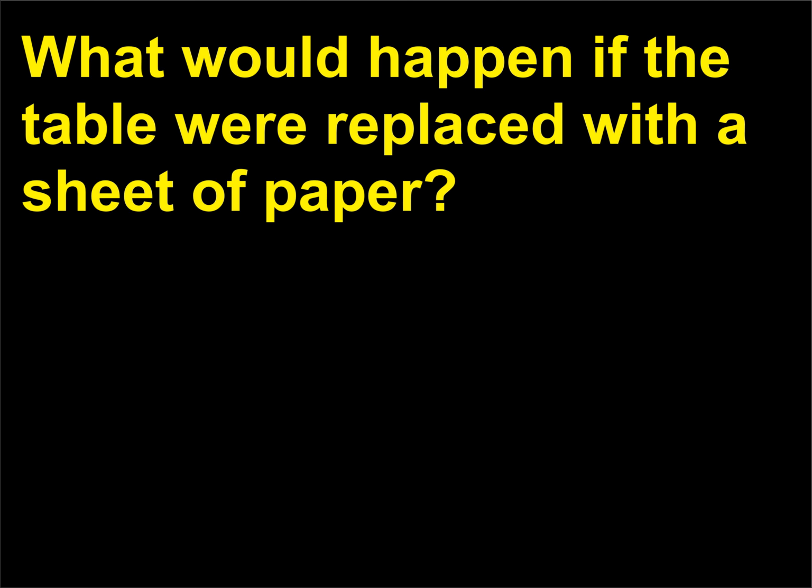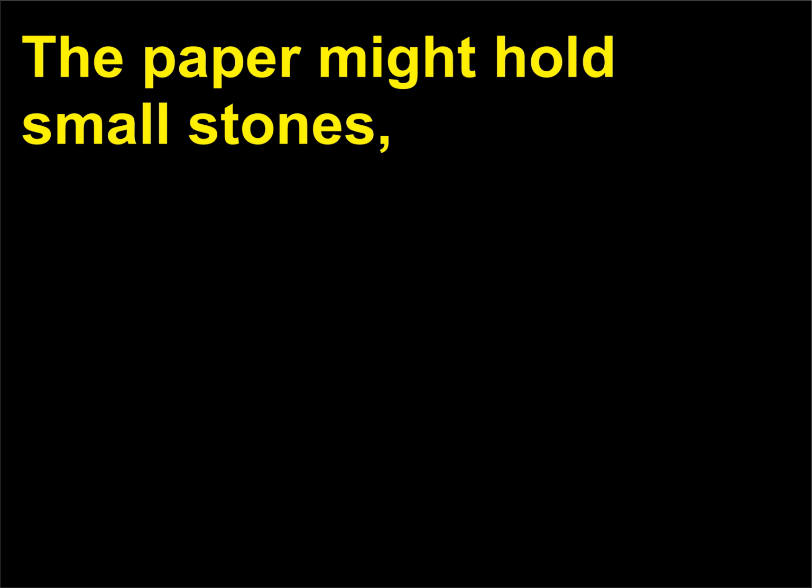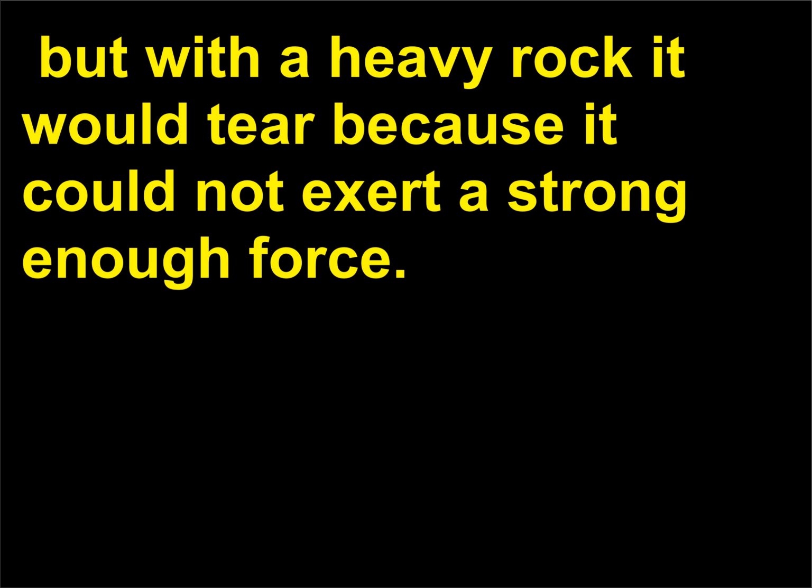What would happen if the table were replaced with a sheet of paper? The paper might hold small stones. But with a heavy rock it would tear because it could not exert a strong enough force.